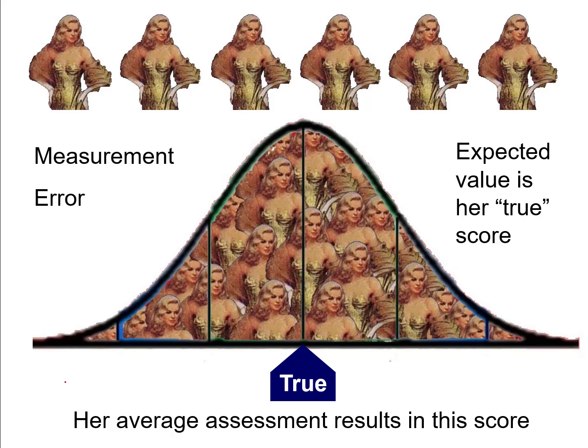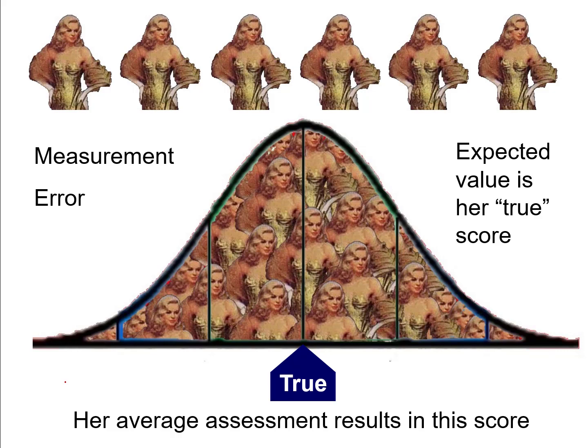It's a score I would get if I were to assess you an infinite number of times and then take the average across all my assessments. Asking what the perfectly reliable score would be is a different question from whether your score is valid or not. So a true score has nothing to do with validity. You can have a true score on a test that has zero validity.